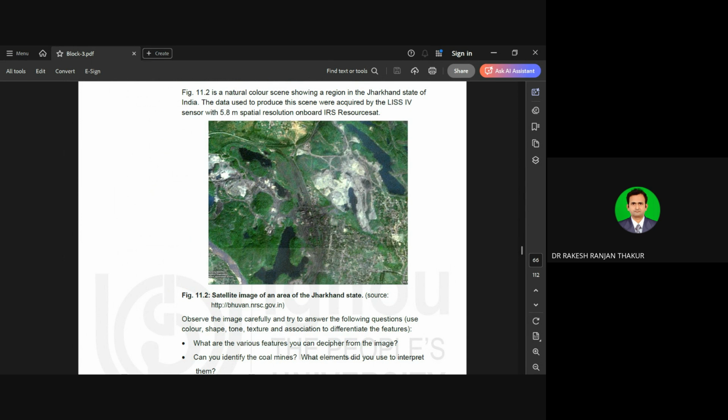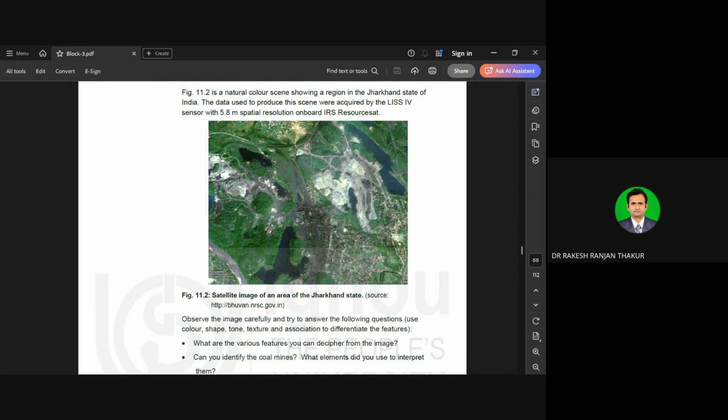Here, tone plays a very vital role along with some texture also. You can see that, see the greenery area, as it is a natural color composite, so the greenery area is vegetation, and the area having black color is water body, and some linear features are there, so they are some roads.